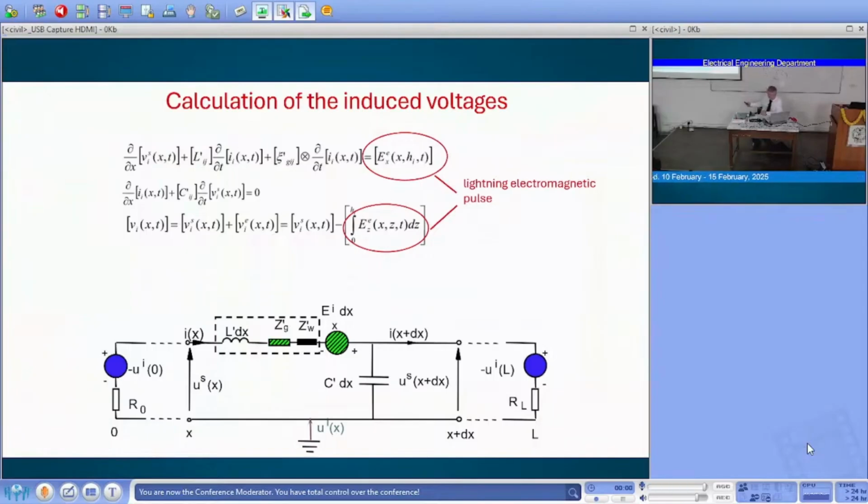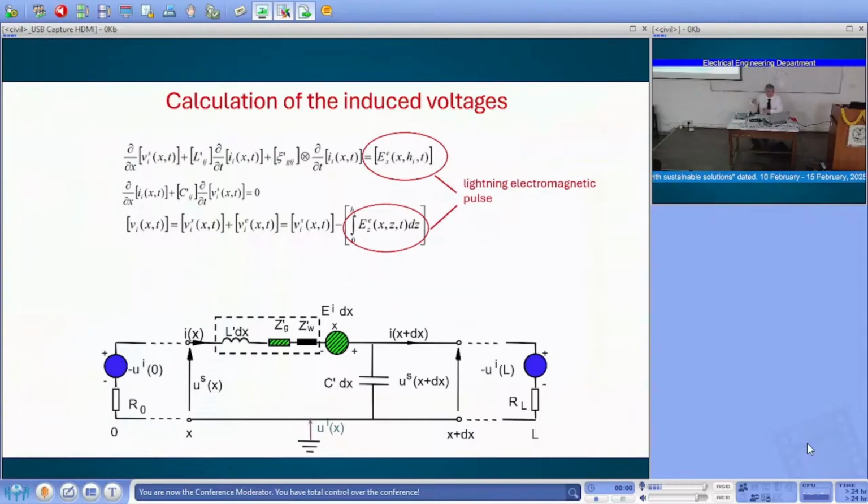There is the inductance per unit length, the impedance that takes into account also the ground, the shunt capacitance of the line, but there are not these things in green here and also in blue here.